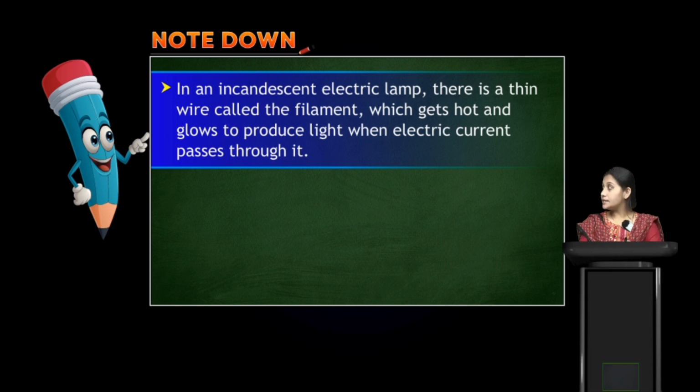In the bulb, this thin part is called the filament. When electricity passes through the bulb, the filament gets hot. As soon as the filament gets hot, it produces light. The light glows from the bulb.